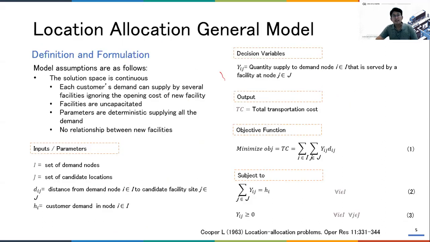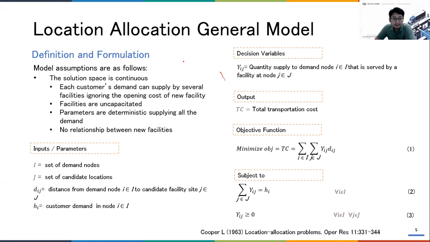Okay. And behind those location allocation functions in those particular software, normally there is a mathematical model, and we will study a lot of those types of mathematical models today.